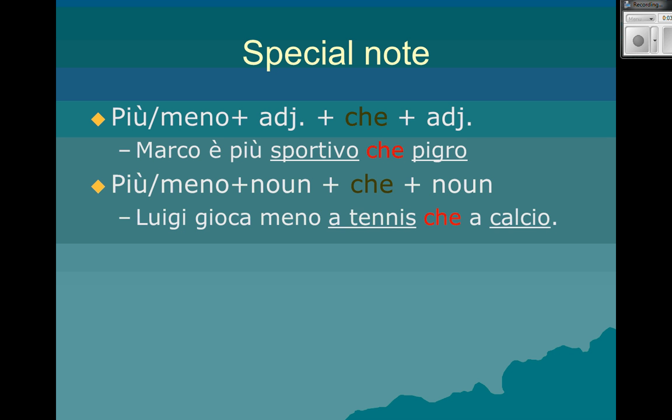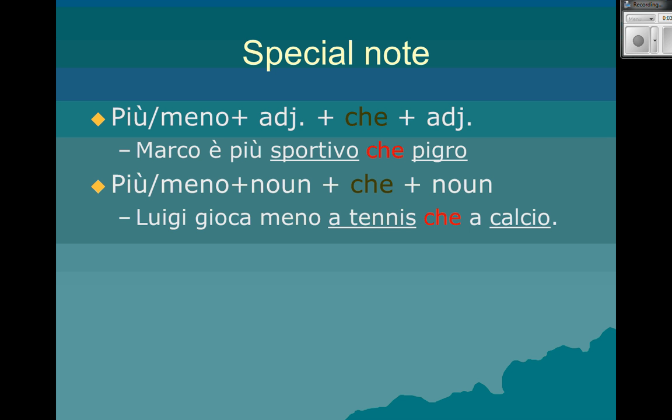Luigi gioca meno tennis che a calcio. Well, look at what I'm doing here. Look at the sportivo and the pigro. Sportivo and pigro are both adjectives. Look at tennis and calcio. Tennis and soccer are both nouns.